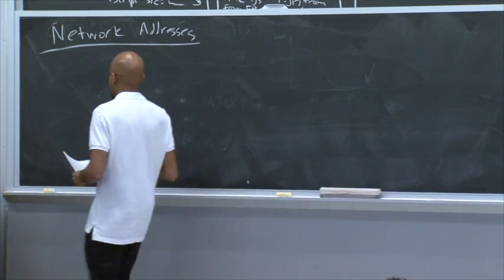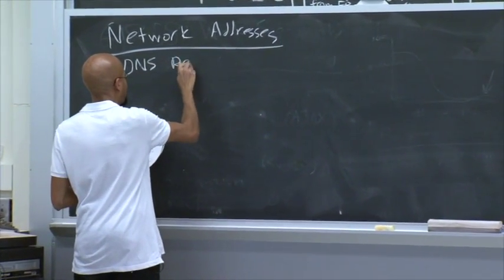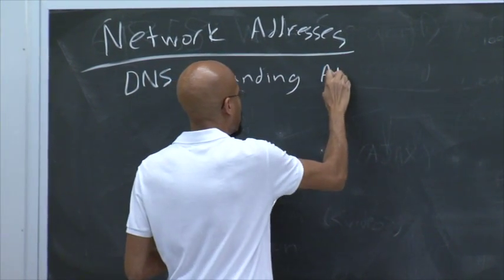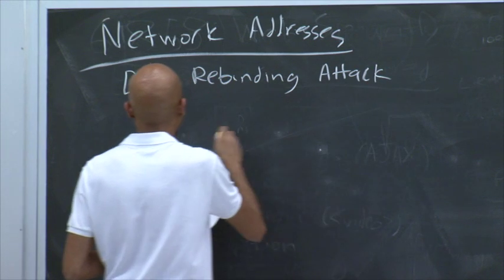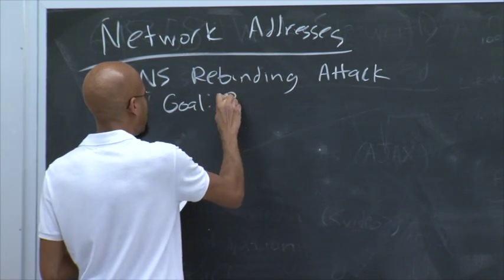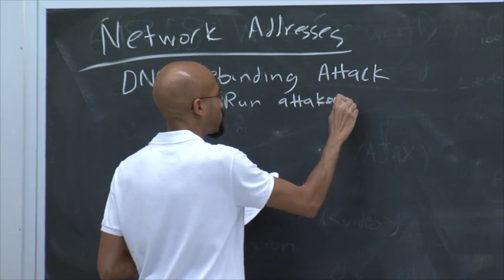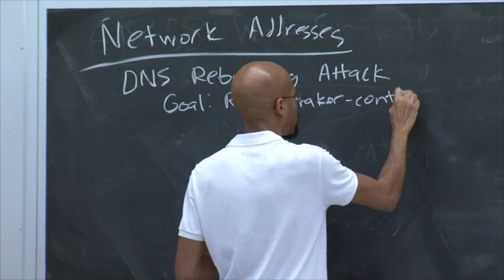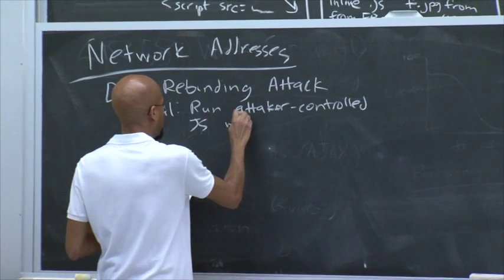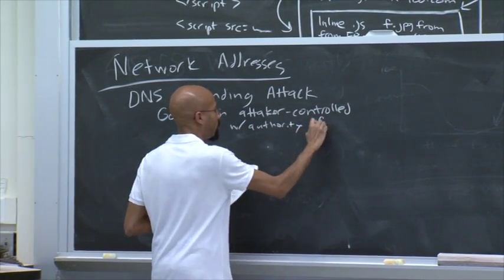So an example of this is the DNS rebinding attack. Right? So in this attack, the goal of the attacker is to run attacker-controlled JavaScript with the authority of some victim website.